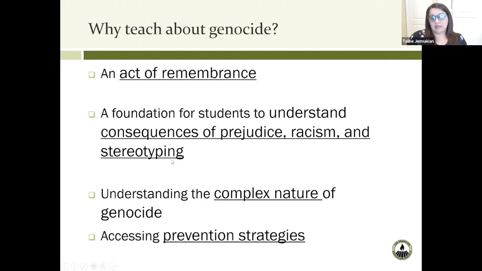We use the Armenian genocide as a case study, though the Genocide Education Project also delves into the Holocaust and all other genocides that have occurred within the 20th century and now the 21st century. The reason the Armenian genocide is used as a case study is because it was the first genocide in modern history.